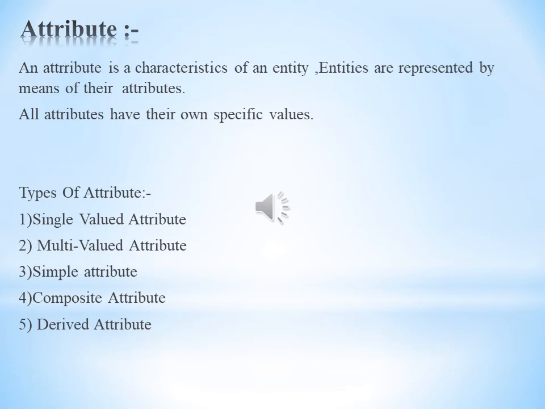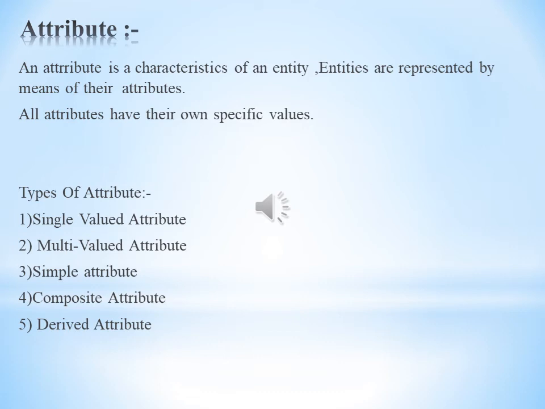There are 5 types of attributes. A single-valued attribute is an attribute which can hold a single value for a single entity. For example, in the entity student, student name is a single-valued attribute, since the student has a single value for the name.